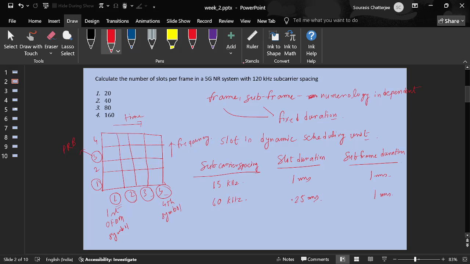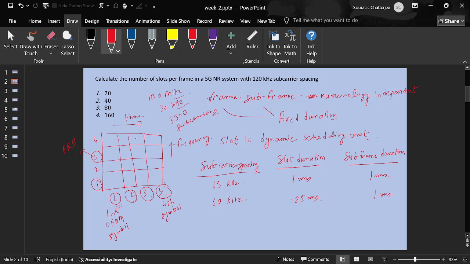So how many users can I schedule in a slot? Let's say I give you some parameters. This is a 100 megahertz channel, and let's say 30 kilohertz of spacing. So you will have 3300 subcarriers.